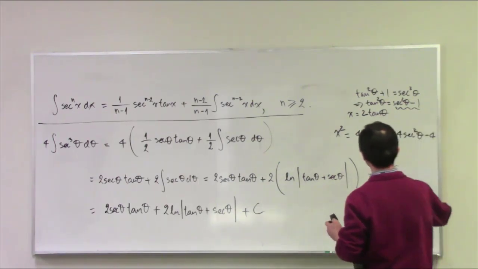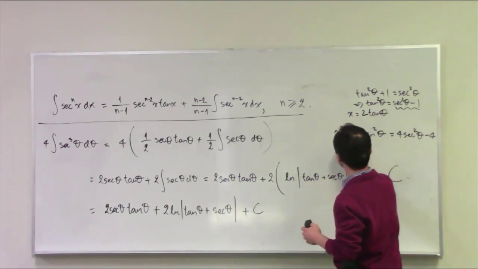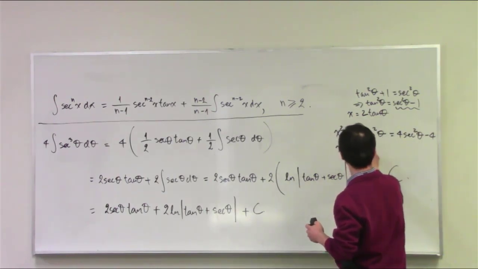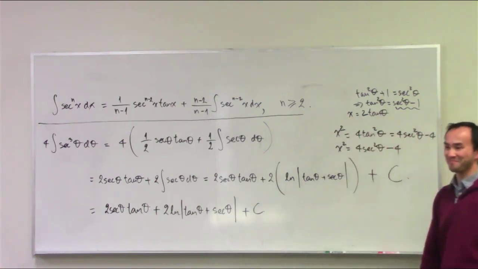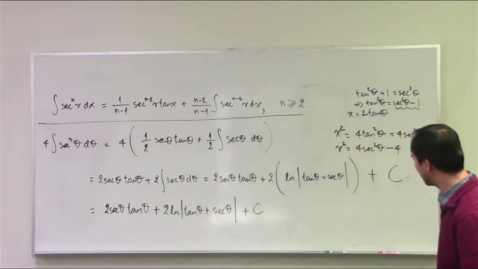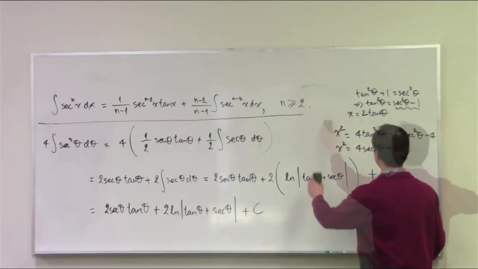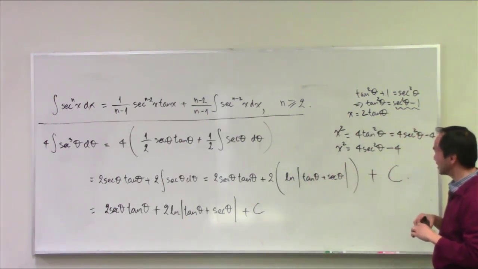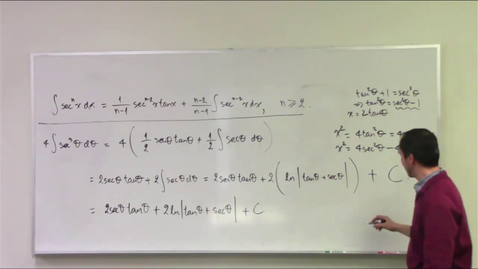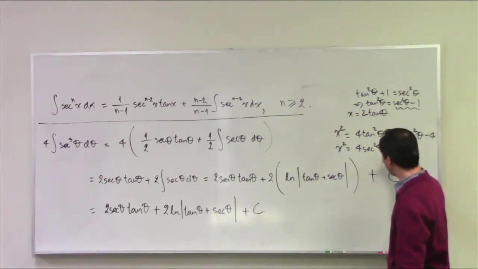So that means x squared equals 4 secant squared theta minus 4. We good with that still? That's just the algebra of that. Any questions, please? Once I erase these, it's hard to trace back. So I can add the 4 to both sides.